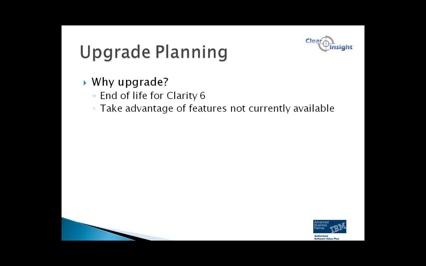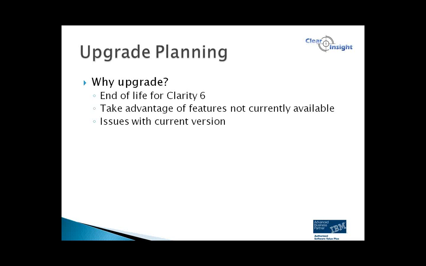Perhaps you want to take advantage of features that are currently not available in your version. So maybe you did some research and you found that in Clarity 7 or other TM1 or Express, there might be some functions that you want to use, and it's pretty important to your budgeting and planning process. Or it could be that you have issues with the current version. As you know, no software is perfect.